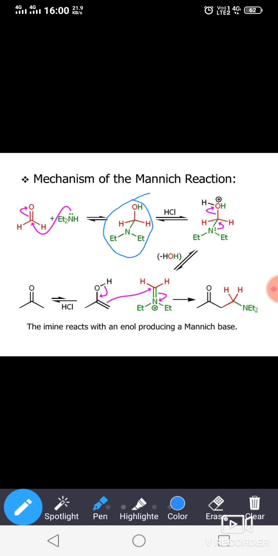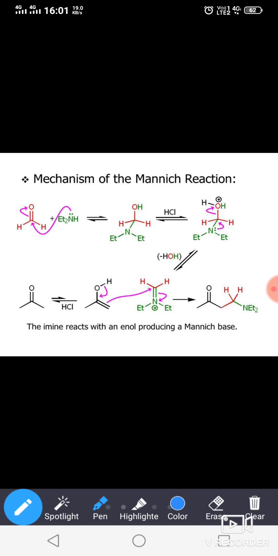Before this, when nitrogen is forming the bond with the carbonyl carbon, at that time nitrogen will have four bonds: it will have the hydrogen, and then two ethyl groups. Now as nitrogen gets four bonds, it will have the positive charge.